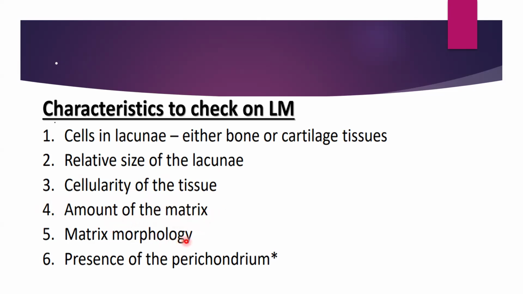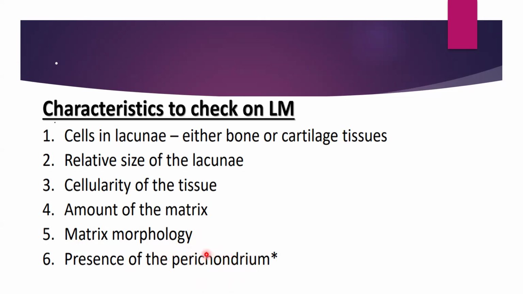Matrix morphology: is it uniformly distributed? Is it haphazardly distributed? We'll appreciate that hyaline cartilage will have uniform matrix. In addition to that, the presence of perichondrium is very important. Perichondrium will be found in hyaline cartilage and elastic cartilage, and we find that fibrocartilage won't have perichondrium.